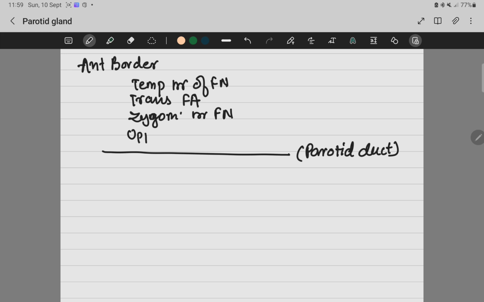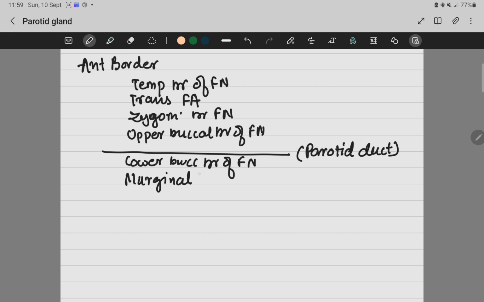Then we'll have the upper buccal branch of facial nerve. Then we'll have the parotid gland, and then the lower buccal branch of facial nerve, and the marginal mandibular branch of facial nerve.